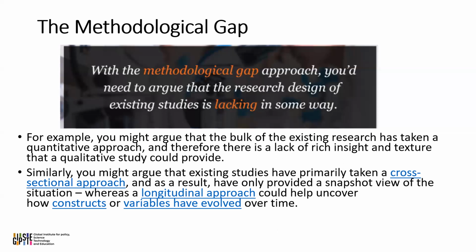And this element is the one that informs the statement of the problem. It informs the title of the study. It informs the purpose of the study. And it also informs the justification of the study, the significance of it. That's the rationale.